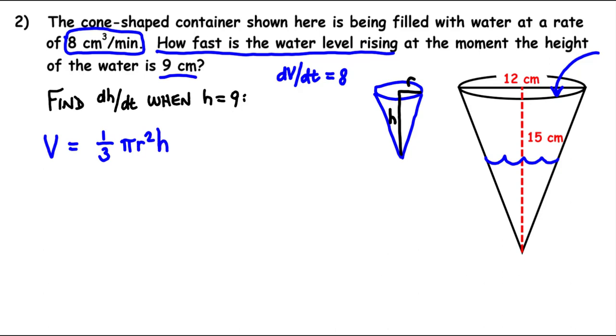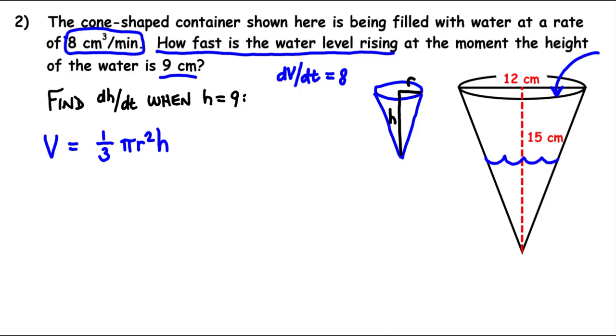So volume of a cone is 1/3 pi r squared h. Now, by the way, College Board will give you that formula. They give you any 3-dimensional formulas, but any 2-dimensional formulas like the area of a circle, pi r squared, you better know. And hopefully you know those.